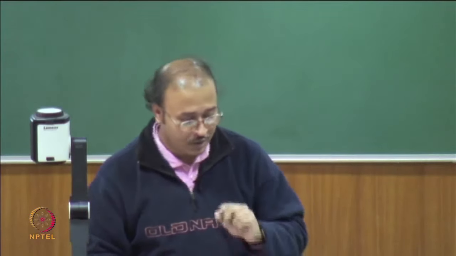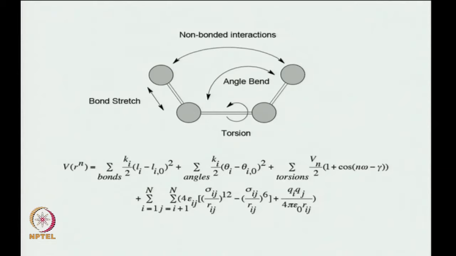So, look at this. What are the different interactions that can happen? Well, this is very simple, right. This is a typical, say, a peptide bond or whatever you are looking at. See, one is bond stretching, and if you remember the harmonic oscillator, what was the potential? It was half kx squared, was not it? But that is the potential energy of interaction. It is not obviously electrostatic in that sense, but it is a potential energy of interaction, is not it?